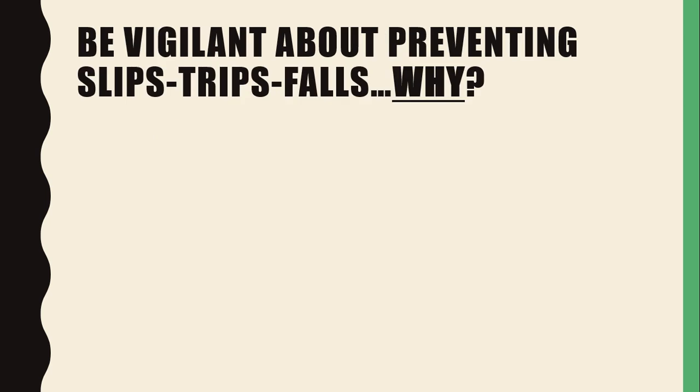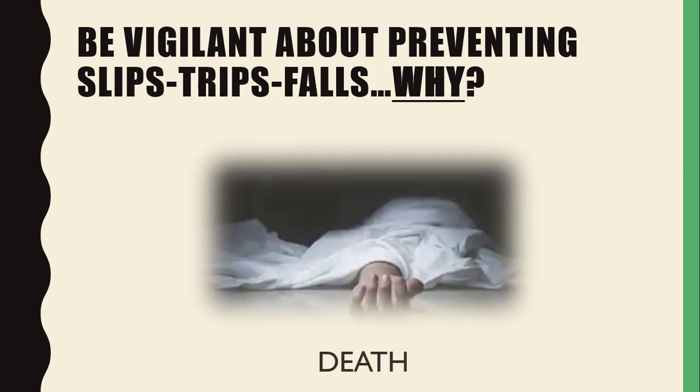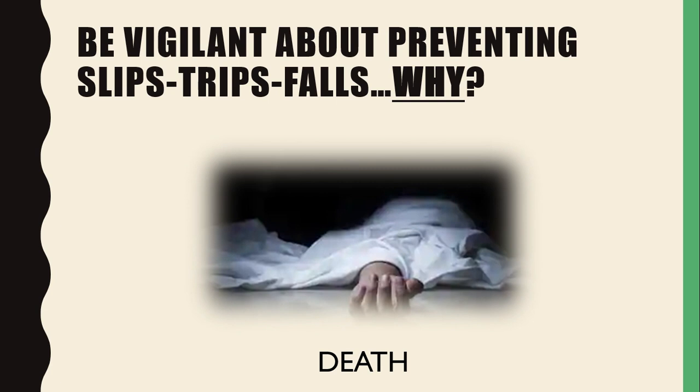So why would we want to be vigilant about preventing slips, trips, and falls? Well, slips and falls are the second leading cause of occupational deaths in the U.S. after motor vehicle accidents, and many of those are related to falls on the same surface.